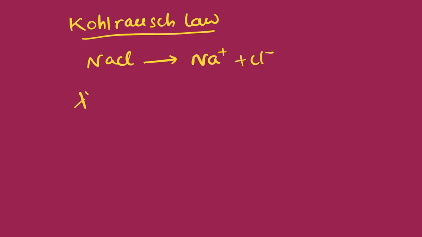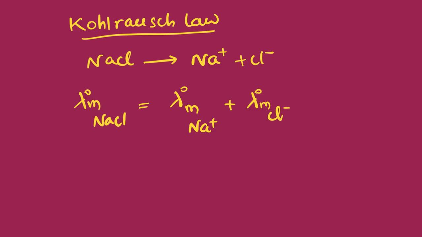Its limiting molar conductivity is lambda naught m NaCl equal to lambda naught m Na plus plus lambda naught m Cl minus. One cation, that's why one cation, one anion, that's why one anion.